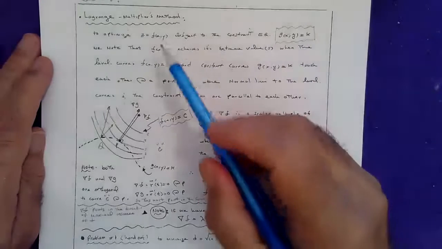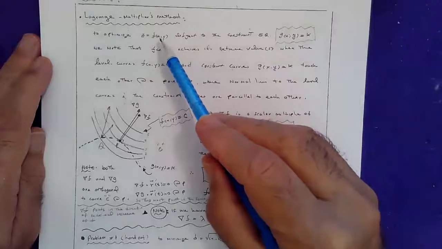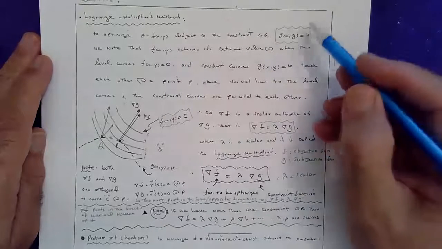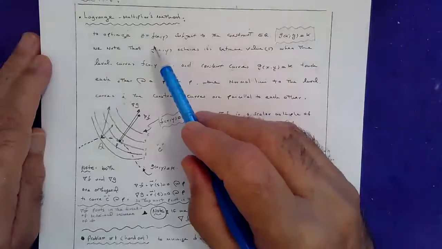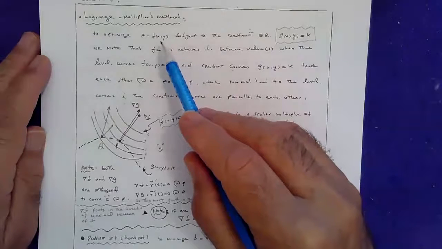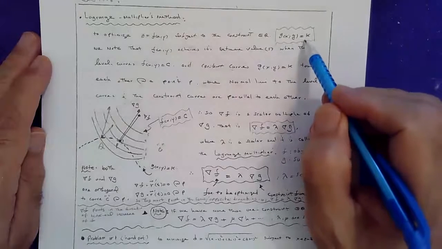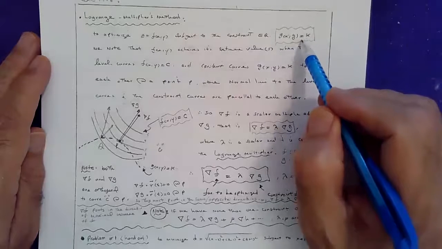I have to find the optimum value of this function subject to the fact that this equation is true. In other words, I'm trying to find the extrema values of this function coinciding with this specific level curve.